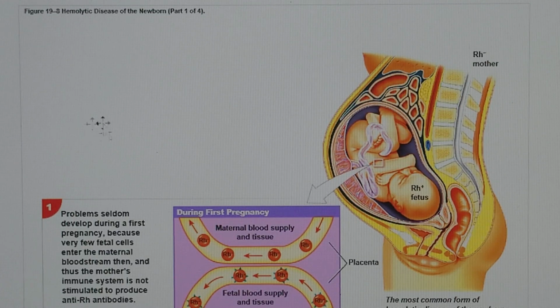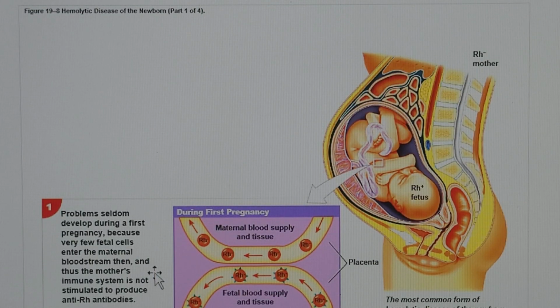There is a problem called hemolytic disease of a newborn. We don't want our RH antibodies attacking RH antigens, but sometimes this happens when a woman gets pregnant, and problems seldom develop during a first pregnancy because very few fetal cells enter the maternal bloodstream.